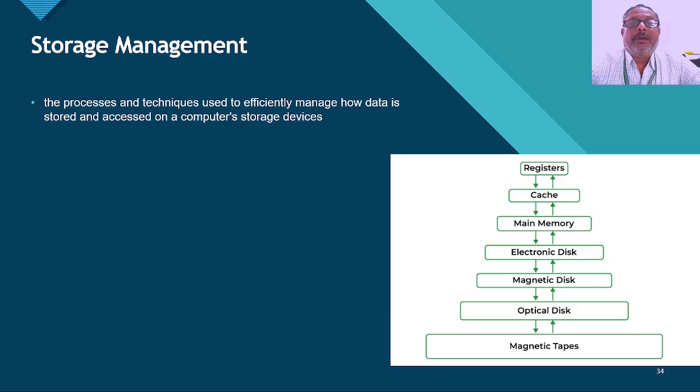Whatever space was available, that much memory was created inside the chip, and if that is not sufficient, then we get out of the chip and go on to the motherboard. On the motherboard we have memory called the random access memory, and this has no space problem, and hence we have more space available for the data to be stored.